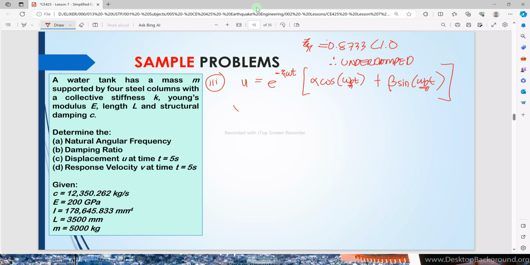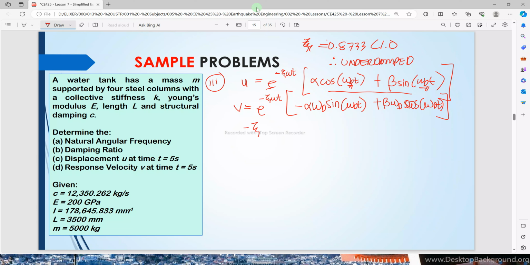And then if we differentiate this, for the velocity we will have e to the negative psi omega t times the derivative of this portion here, which is equal to negative alpha omega d sine omega dt plus beta omega d cosine omega dt. Now we differentiate the other part.